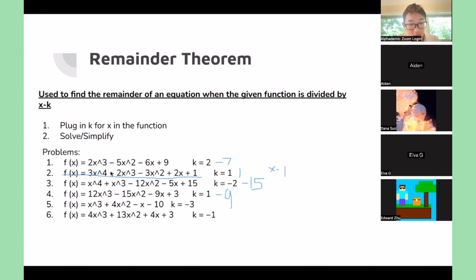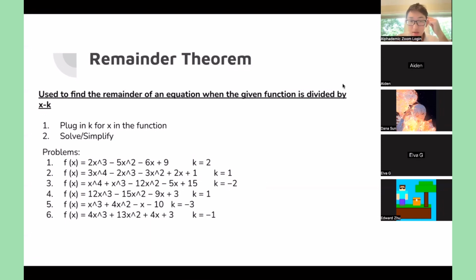You would get 3 minus 2 minus 3 plus 2 plus 1, and you would get 1 as the answer. This is a very quick and easy way to figure out the remainder of a polynomial when it is divided by x minus k.